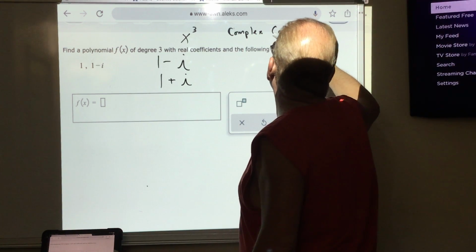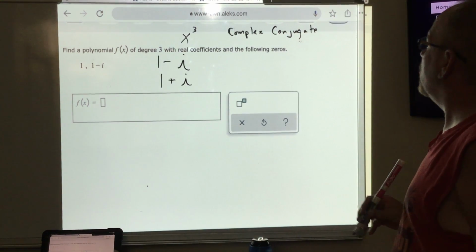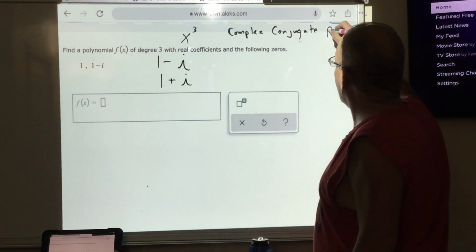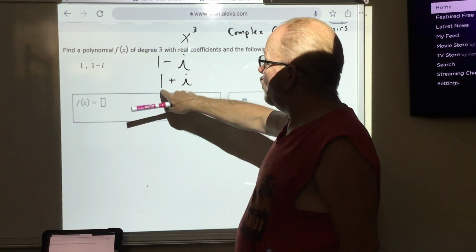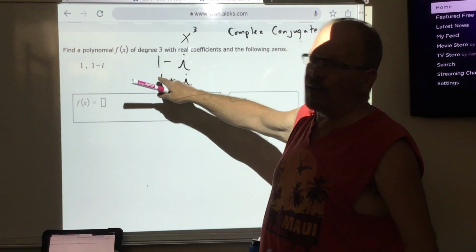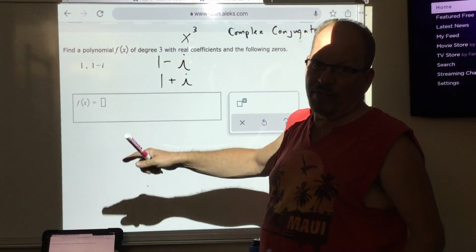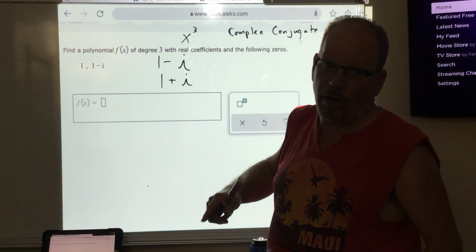So whenever you have 1 minus i, then you also have 1 plus i. If you had 1 plus i, then you have 1 minus i. If you have 2 plus 4i, you have 2 minus 4i.